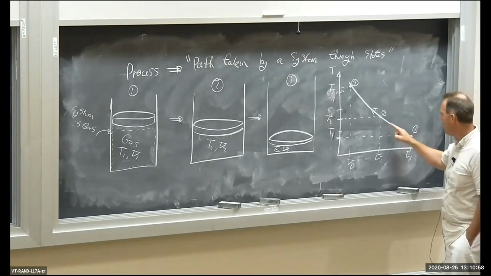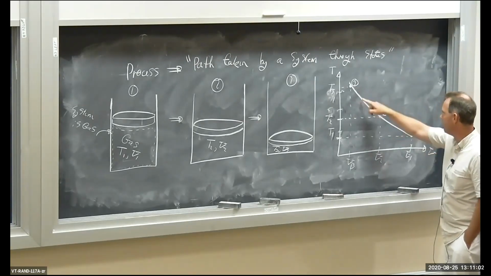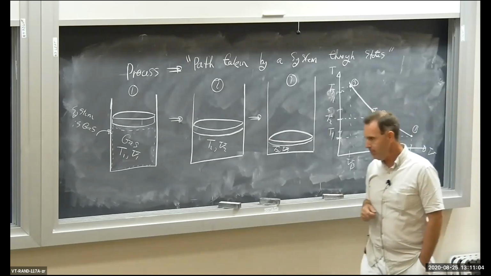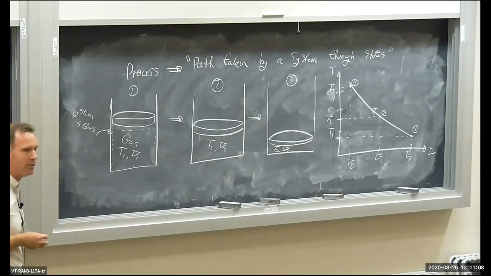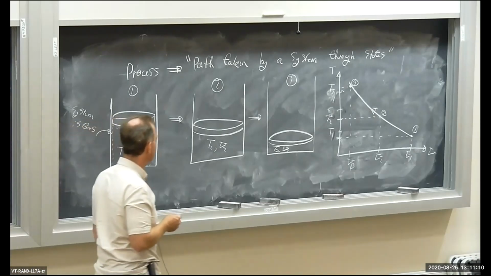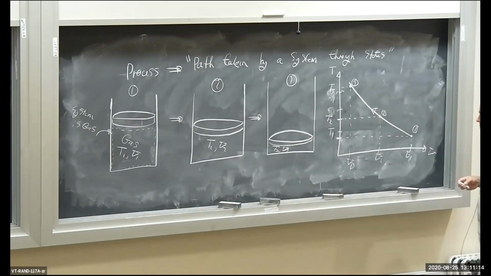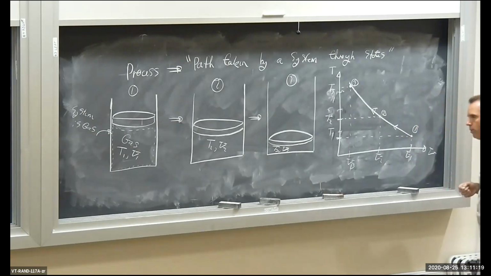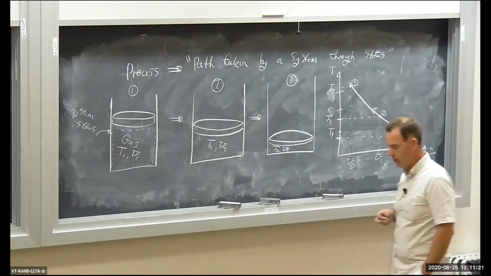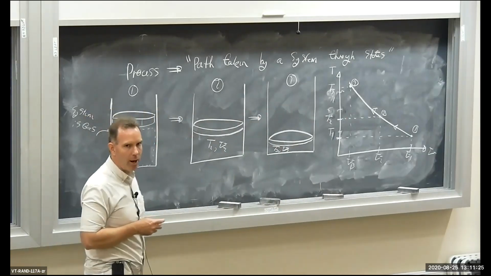And the path, i.e. the process, is given by this line right here, okay? So process is a path taken by a system through states, okay? So the system is moving up and to the left on the TV diagram. So that's an example of a process, okay?